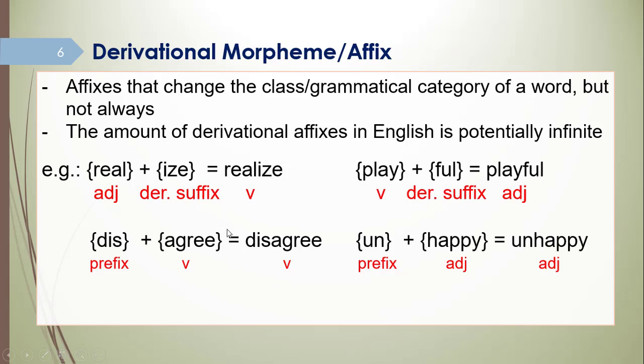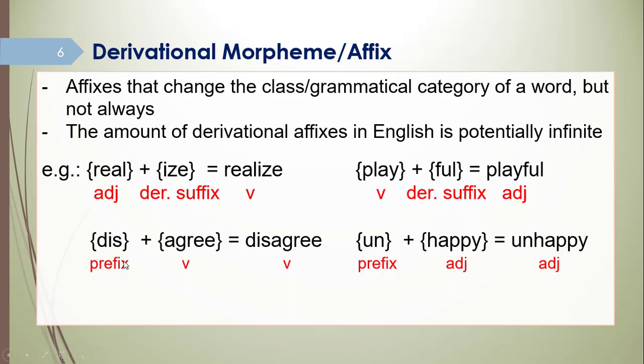Jadi dari agree to be disagree tidak ada perubahan word class. However, this is not connected to syntax. Nah, itu adalah perbedaan yang paling mendasar ya. Derivational affixes do not have something to do with syntax.